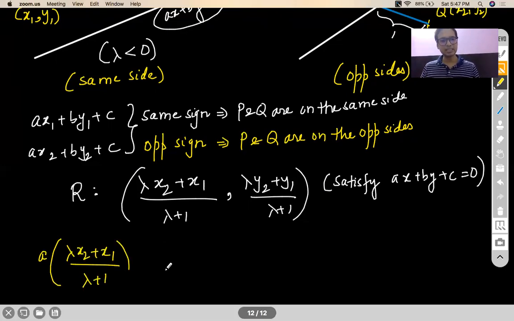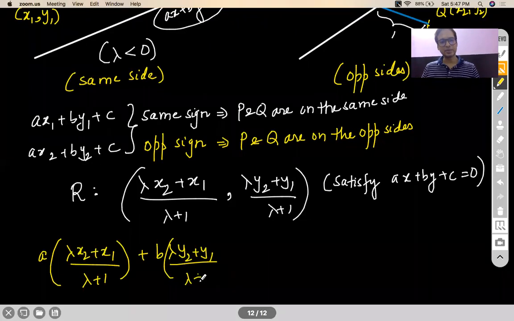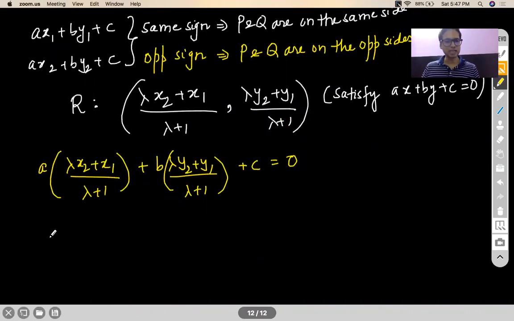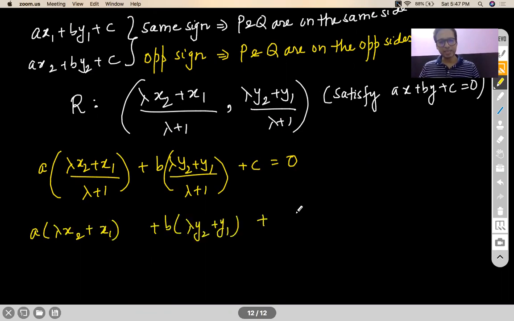This, plus c equal to 0, correct? Let us multiply with lambda plus 1 throughout. So I'll get a times (λx2 + x1), b times (λy2 + y1), and c times (λ + 1) equal to 0. Take your lambda terms together. So it will give you this.